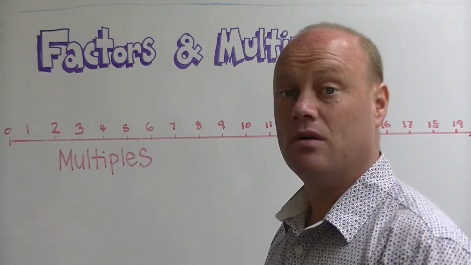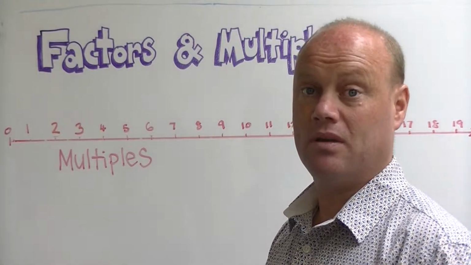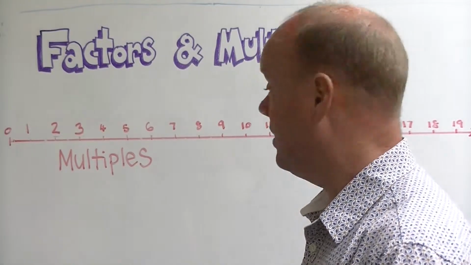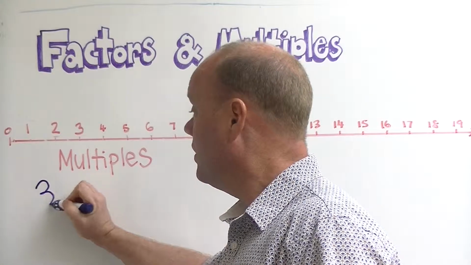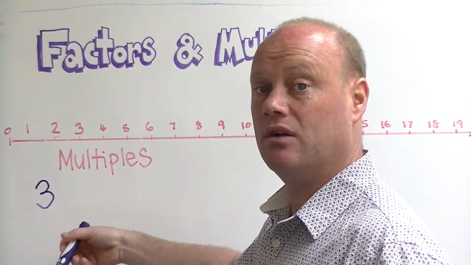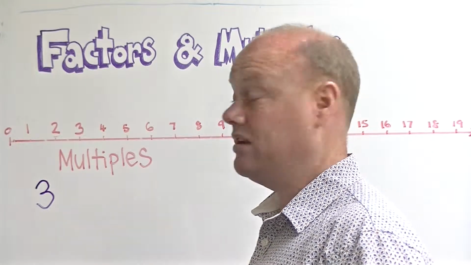So now let's have a look at multiples. Multiples are when we multiply a number by another number. For example, let's take the number 3. If I keep multiplying this number by other numbers, I'll end up with a pattern in a way.